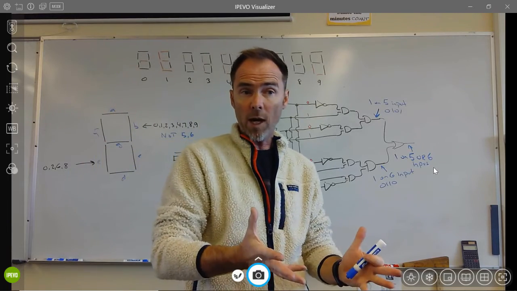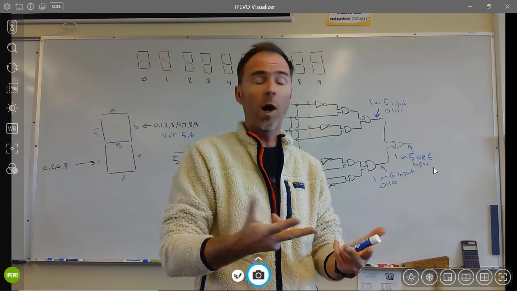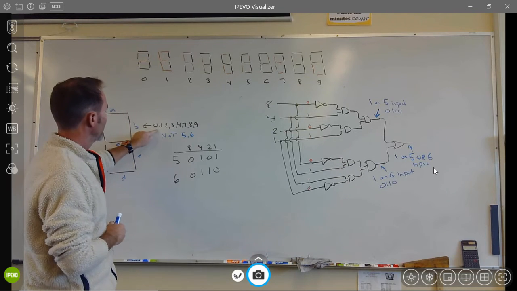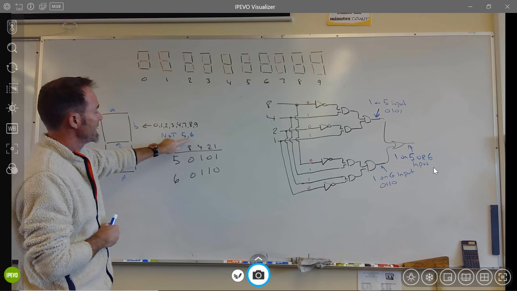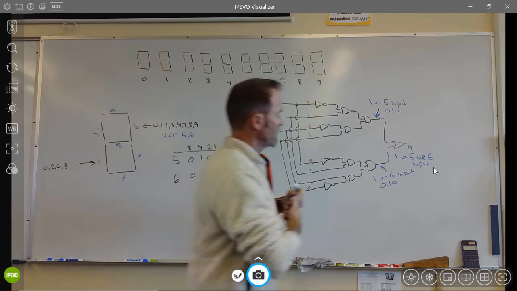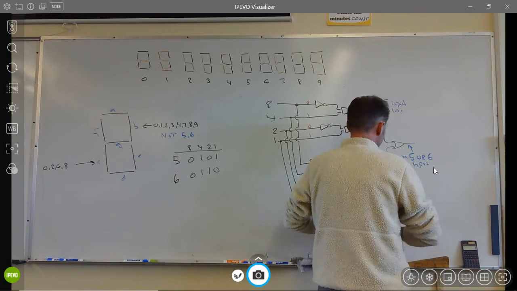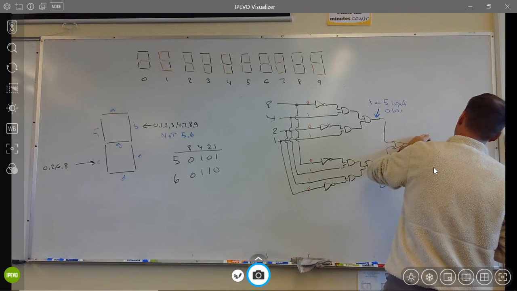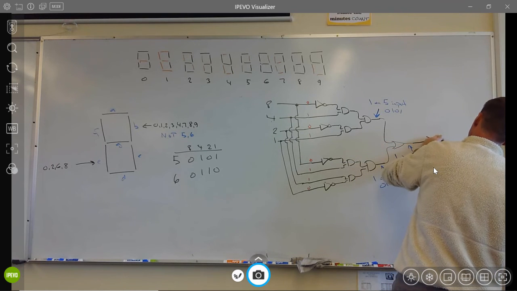But that's not what I want. I want a 1 on all of these guys, everything except a 5 or 6 input. So all I need to do is put a NOT gate right here.